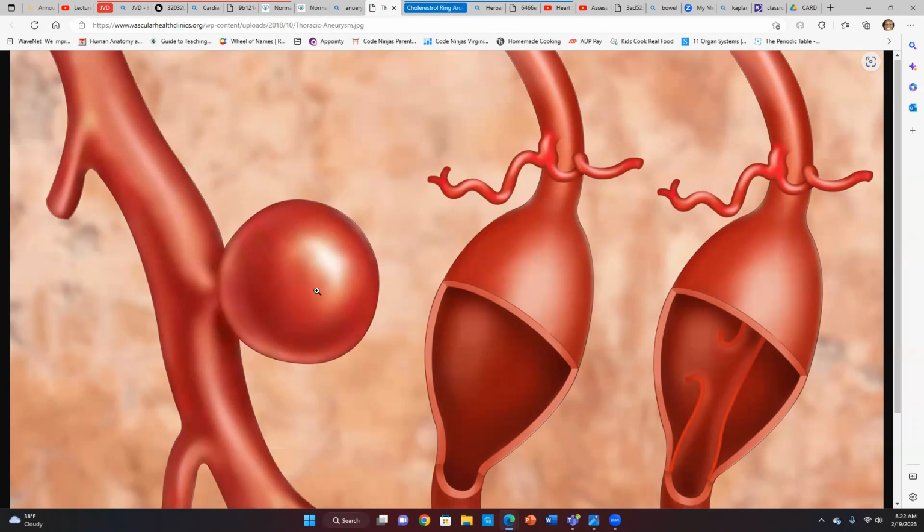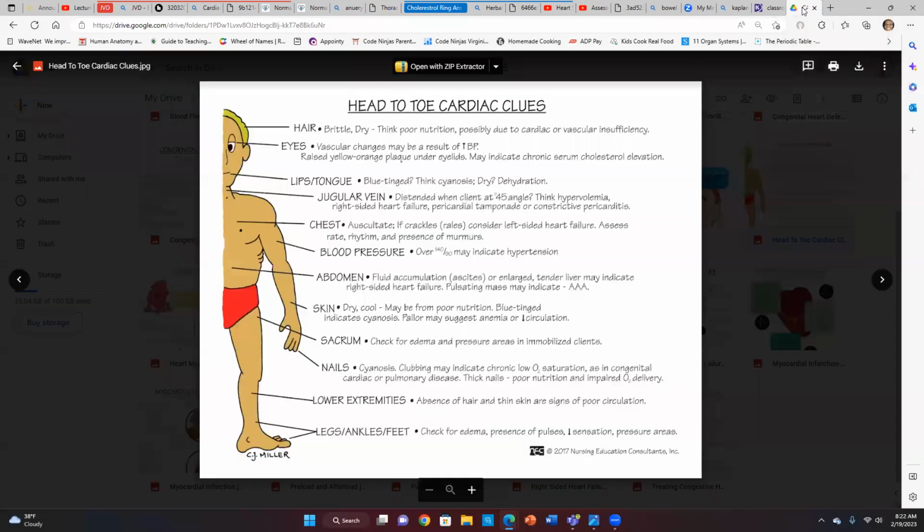What do you think is going to happen? They have an aneurysm, but it bursts. So what's going to happen to that patient? Bleed out. Yes, they will hemorrhage, and it's going to happen really fast because your aorta is your largest artery in the body, right?